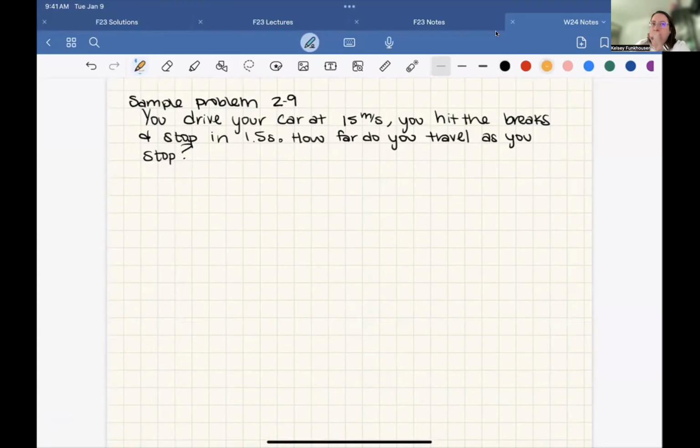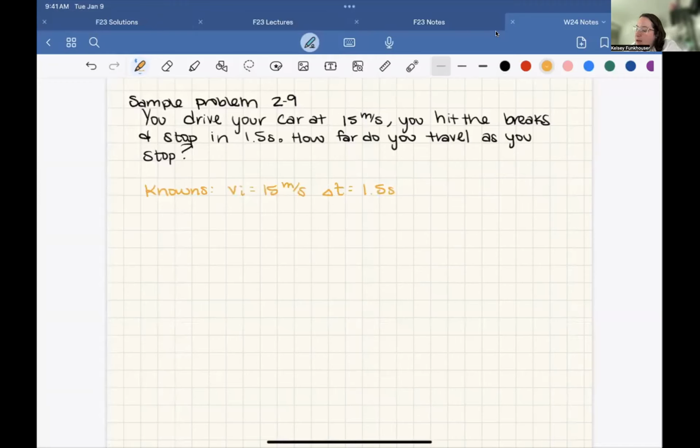So an important strategy we use in solving these kinds of physics problems is we write down what we know, so our knowns, based on the problem itself. So let's see. We know our initial velocity is 15 meters per second because they gave us that. We know the time interval is 1.5 seconds.